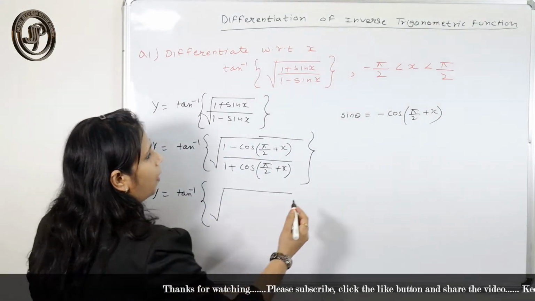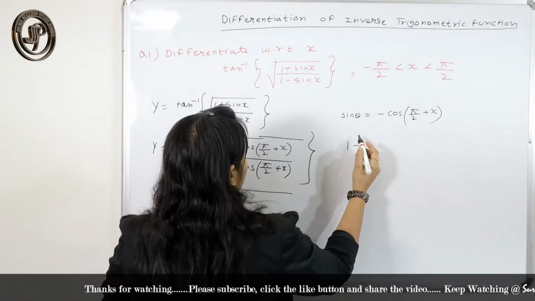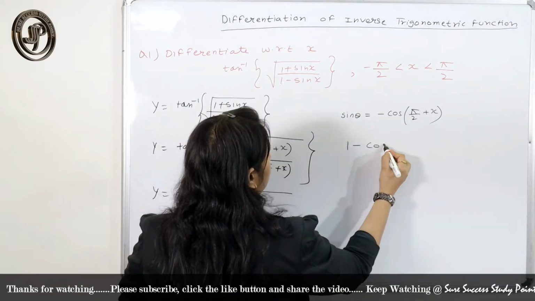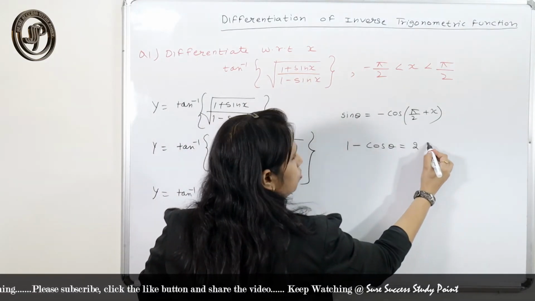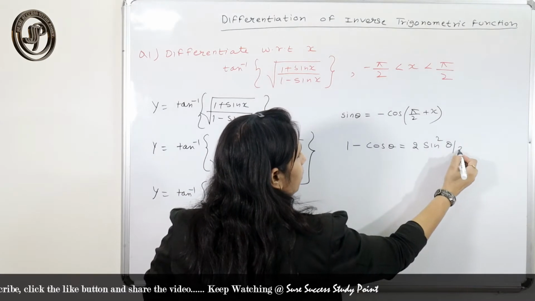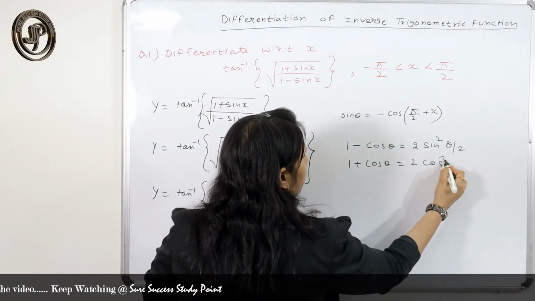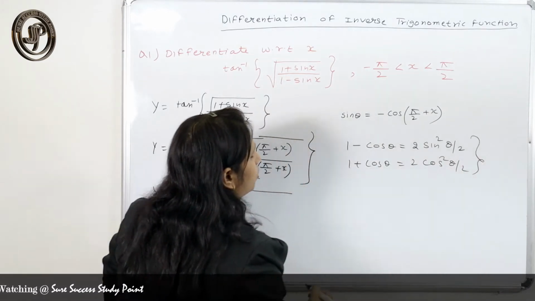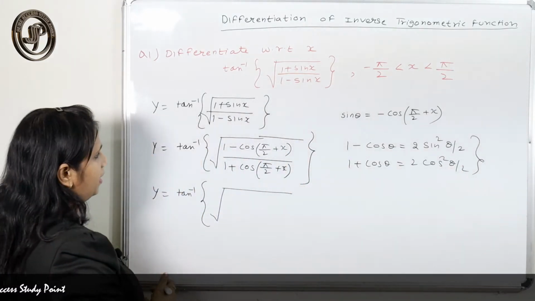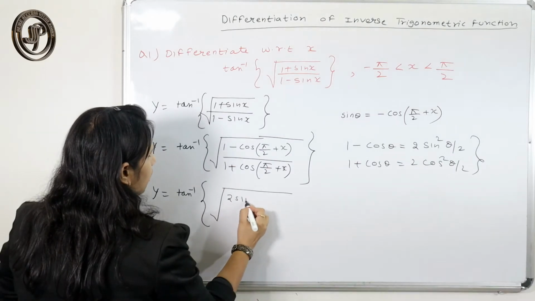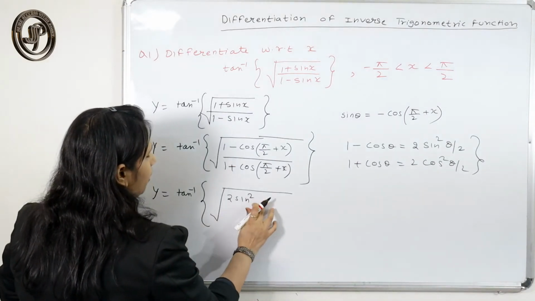Now I am going to apply the formulas: 1 minus cos theta is 2 sine square theta by 2, and 1 plus cos theta is 2 cos square theta by 2. I am going to use those formulas directly.